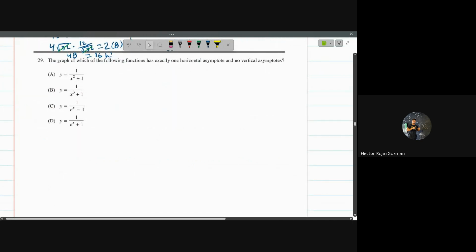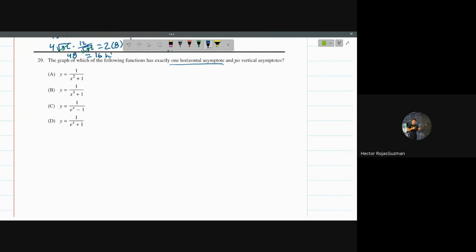The graph of which of the following functions has exactly one horizontal asymptote and no vertical asymptotes? Okay.